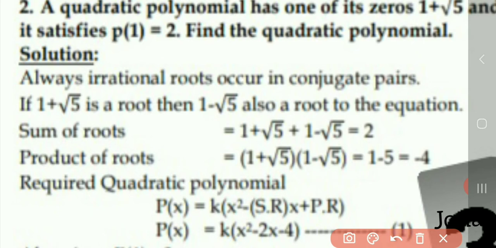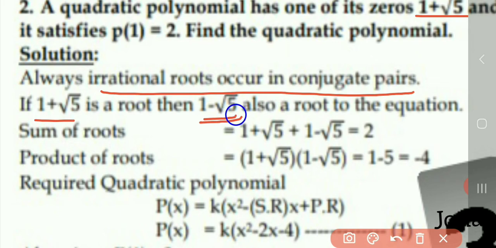Okay, here always irrational roots occur in conjugate pairs. That means if 1 plus root 5 is one root, we can take that conjugate, that means 1 minus root 5 is also a root of the equation. So we can conclude this 1 plus root 5 and 1 minus root 5 are the roots of the equation.